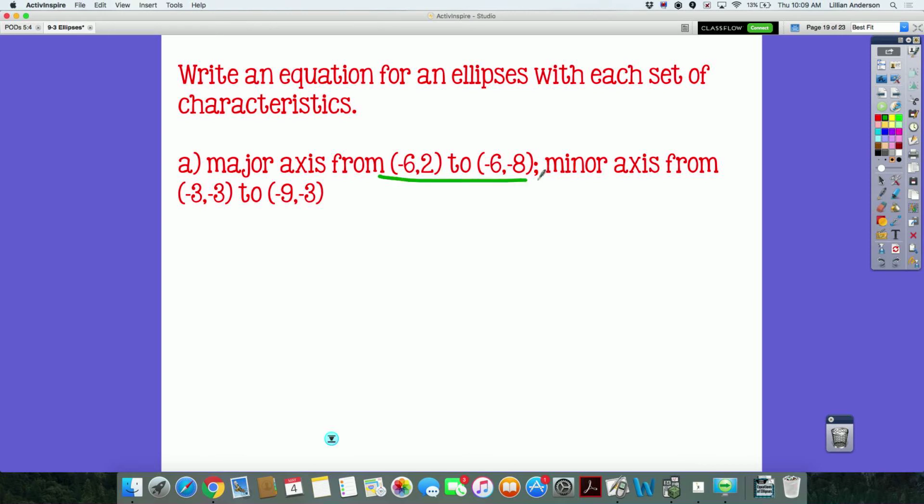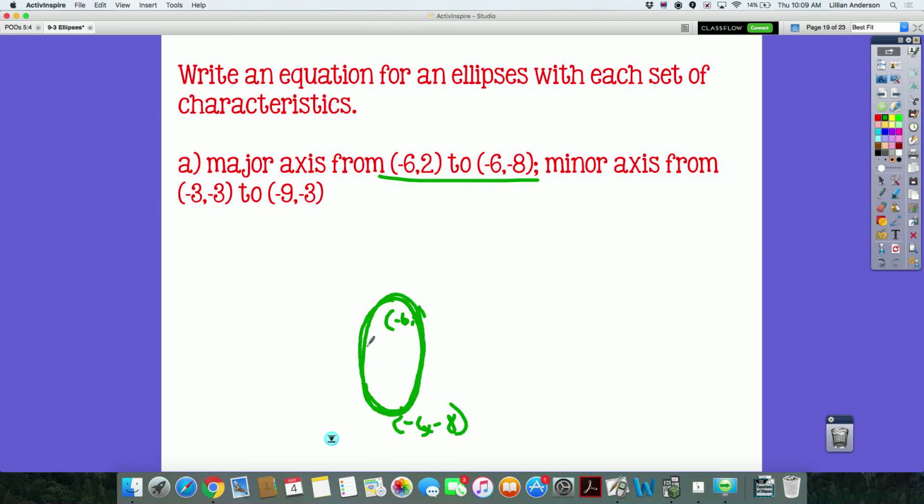So the fact that we have our major axis from negative 6, 2 to negative 6, 8, we can think, okay, this is negative 6, 2, and then this would be negative 6, 8. The x-coordinate does not change, it's the y's, which lets us know that this is going to be a vertical ellipse.